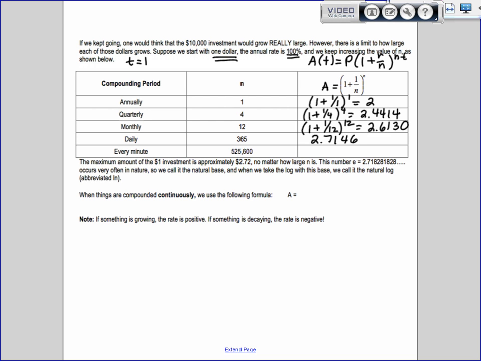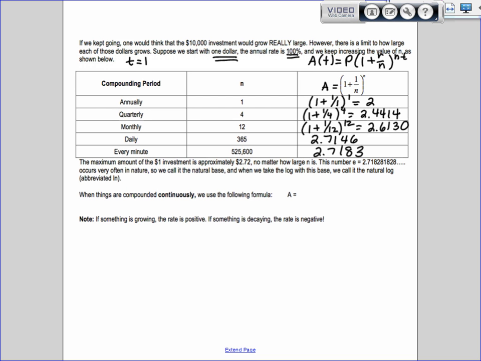Now we're at 2.72. 2.7, 4 decimal places. 2.7183. Correct. All right, that's what it goes towards. It gets closer to like $2.72 around there.